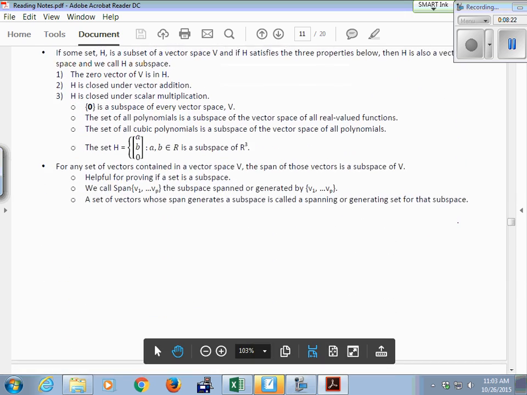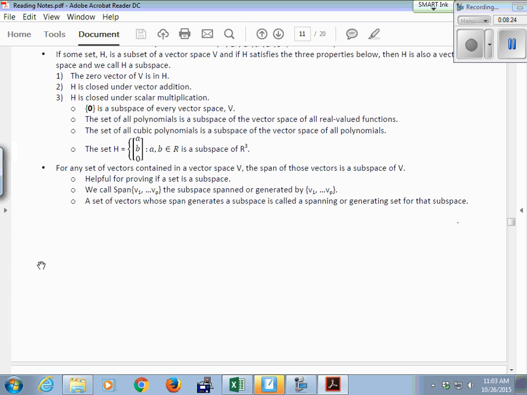All right, now this one, the subspace theorem, is a super nice one. If you already know H is a subset of something you already know is a vector space, right? Okay, some set H. If it's a subset of a vector space V, so you have to know that the bigger thing is a vector space.